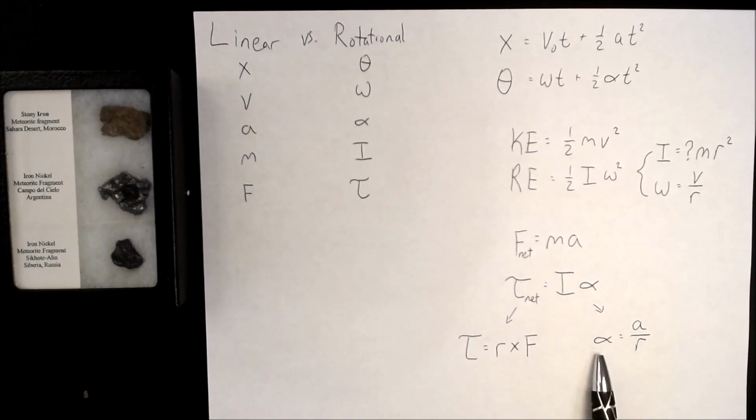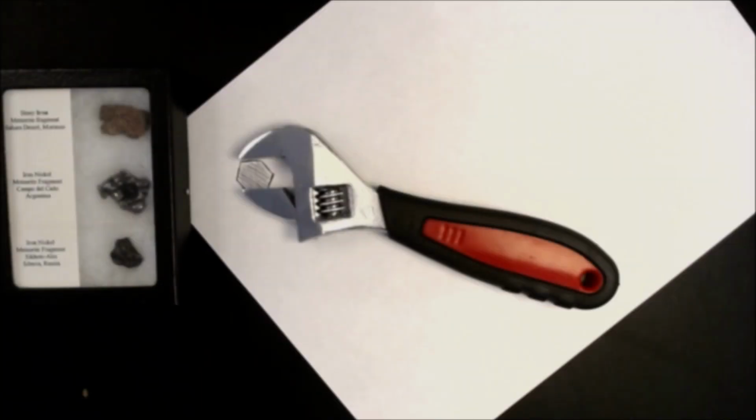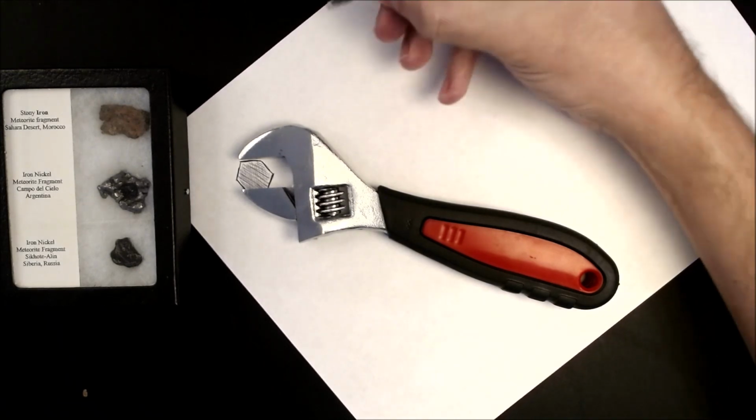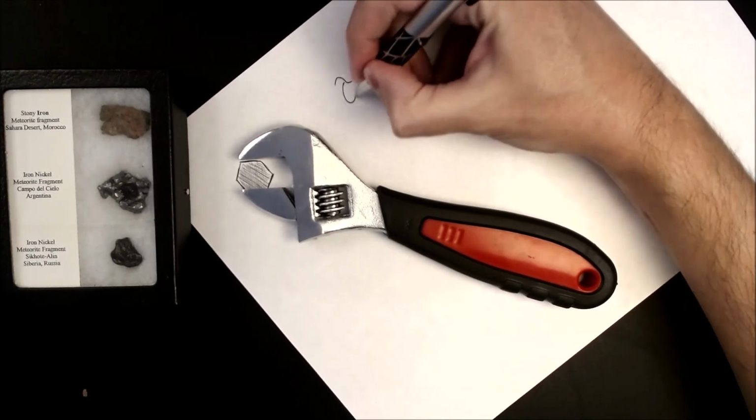And alpha, as you might remember, is equal to a over r, the linear acceleration divided by the radius of the object that's spinning around. There's a lot of stuff here, so let's start by talking about what this part here means. To be perfectly frank, I think that most of you already know that torque is equal to R cross F.